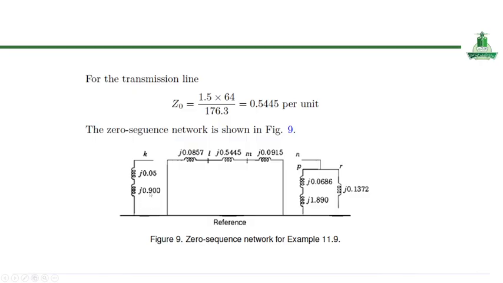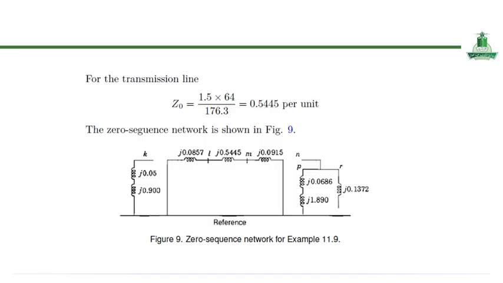Moving along the network, the transformer reactances j0.0857 and j0.0915, as well as the transmission line reactance, this one, are connected in series together, forming the path between the generator and motor buses.